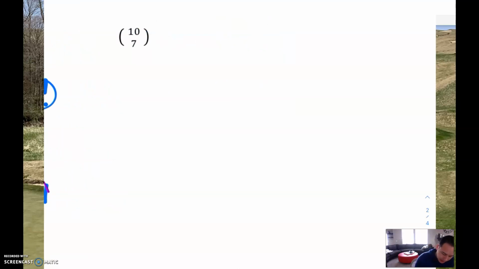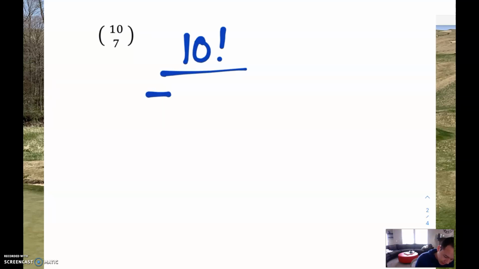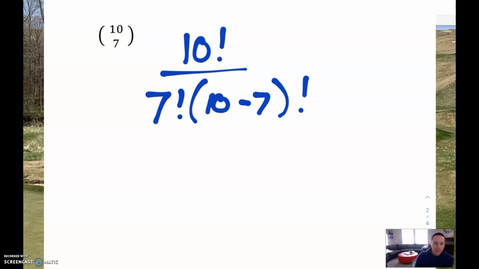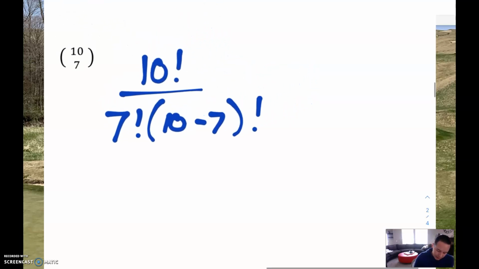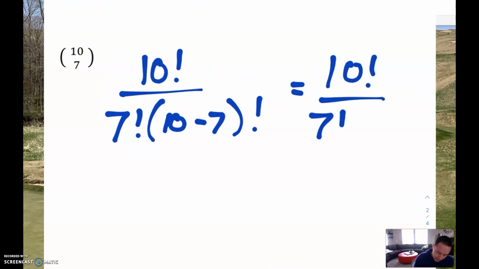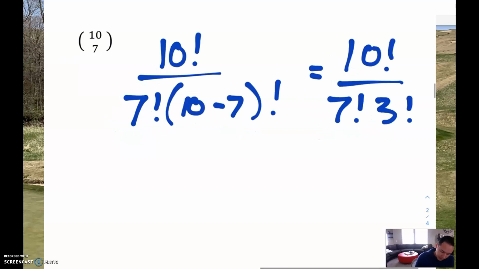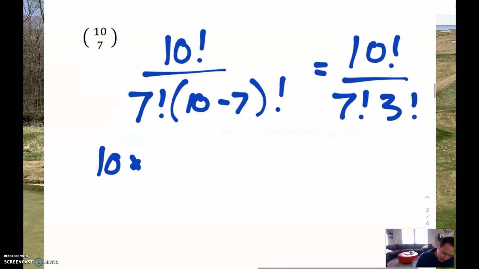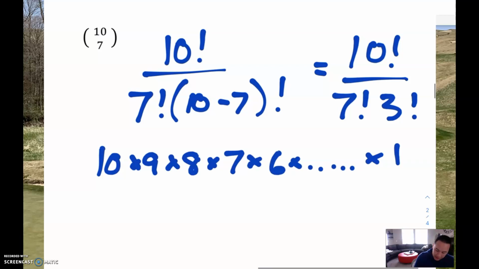This one would be 10 factorial over 7 factorial times 10 minus 7 factorial. I'm going to simplify it a little bit. So we get 10 factorial over 7 factorial times 3 factorial, which gives us 10 times 9 times 8 times 7 times 6 times, and so on, all the way down to 1.